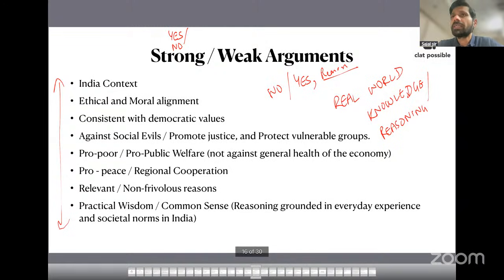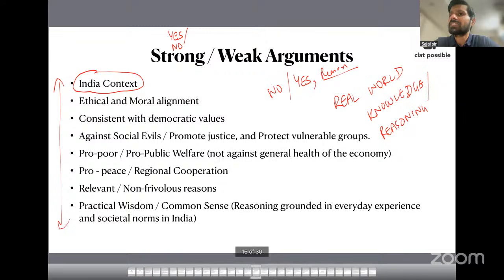So if there is an argument which says yes, they should be allowed because people should know, must know, the gender before the child is born, such an argument will not work in the India context. Just look at how I have placed the India context as the first bullet point.